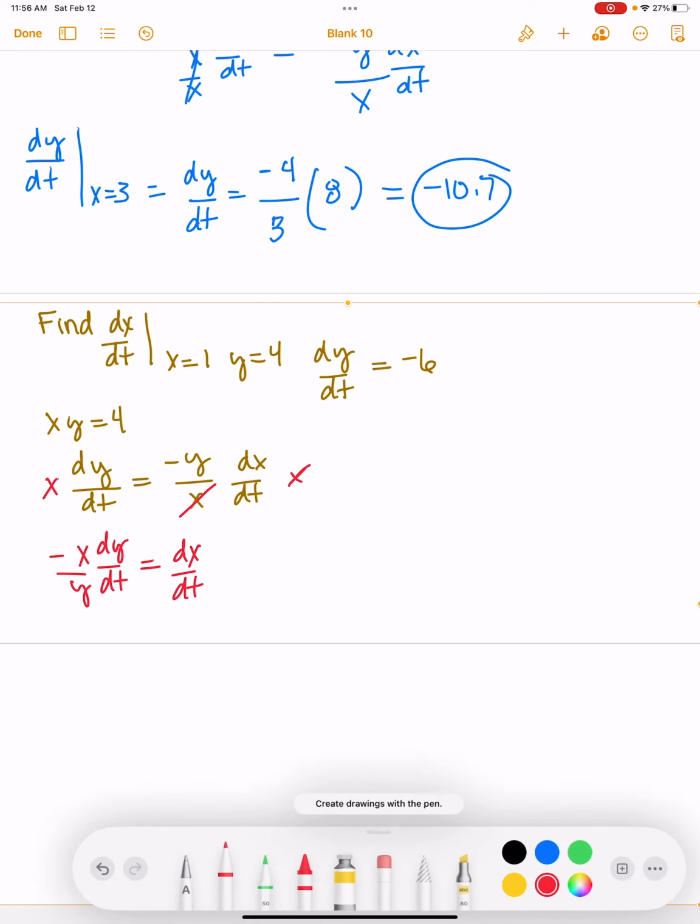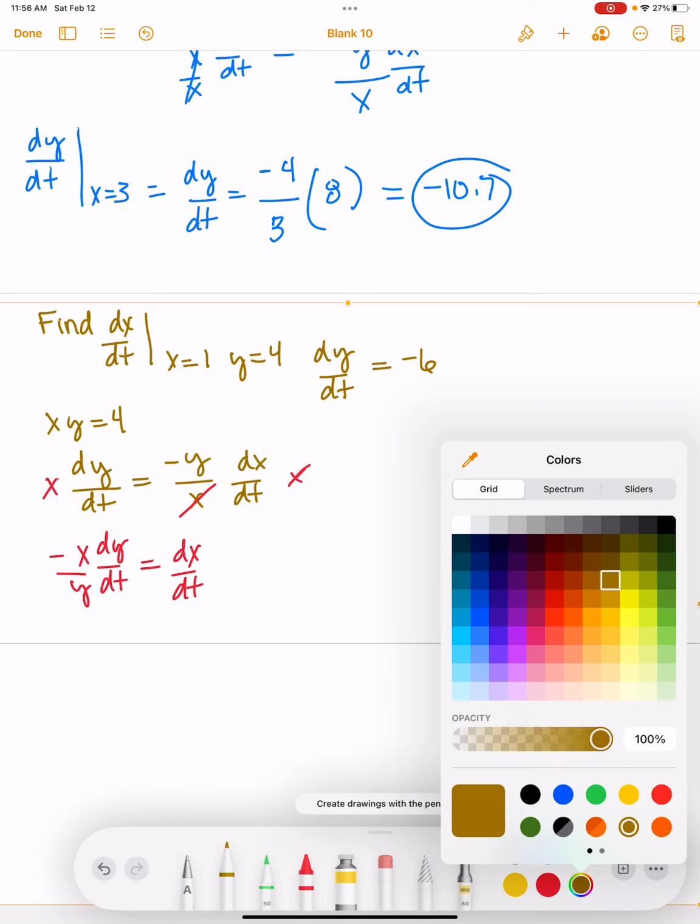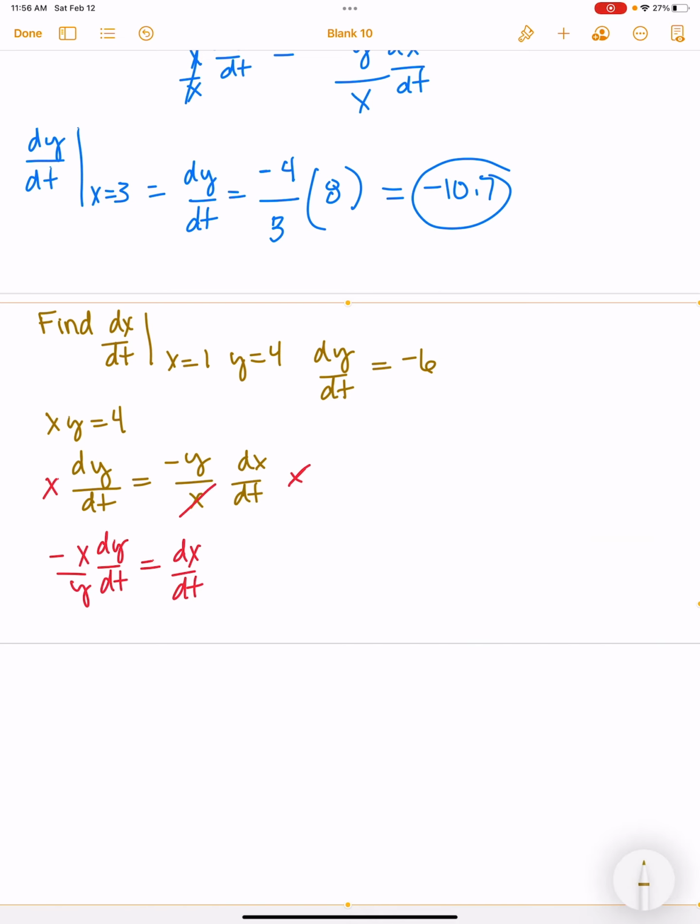Okay. So now that we have our derivative, what are we trying to find? We're trying to find dx/dt when x equals 1. So we have -1 because we're just plugging in here. So -1 over y, which equals 4, times dy/dt, which is -6. You could use a calculator also, but this is just like saying -1 over 4 times -6 over 1.